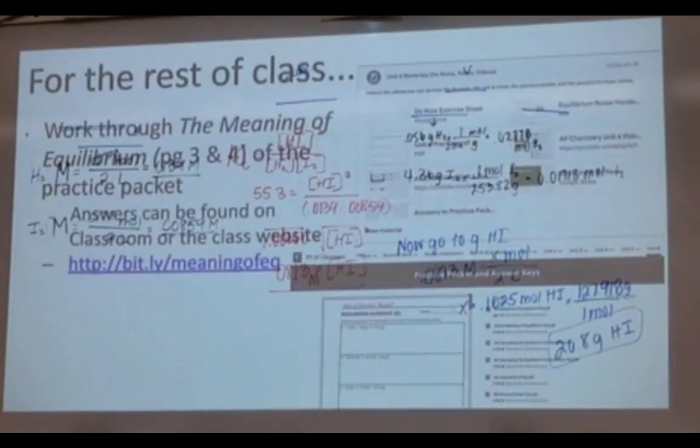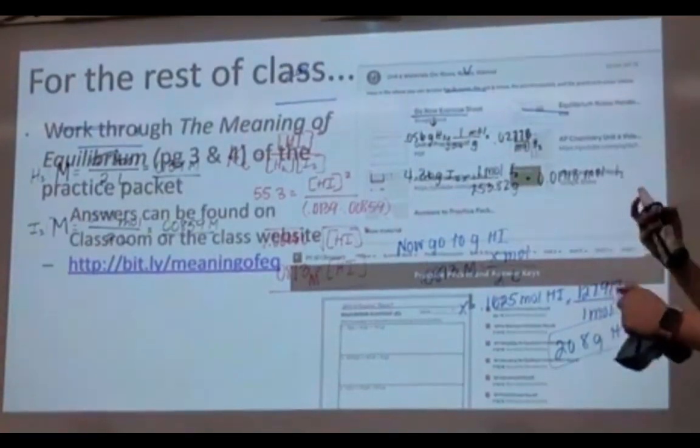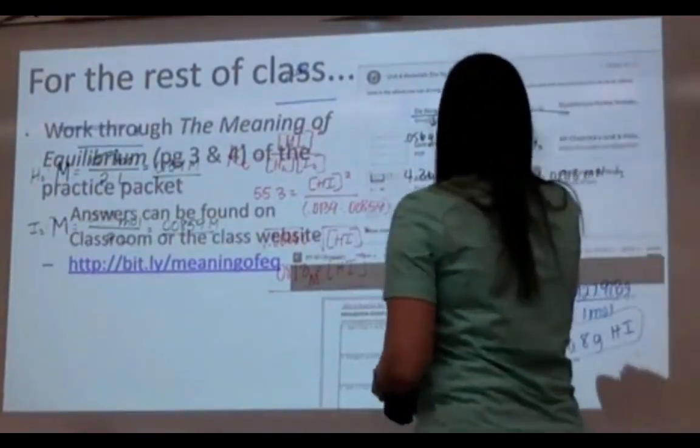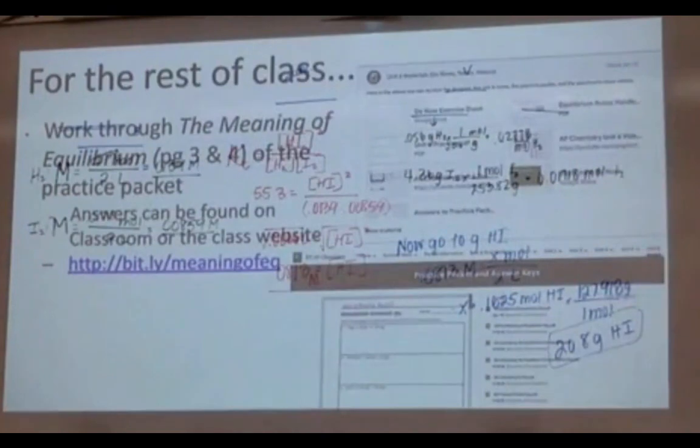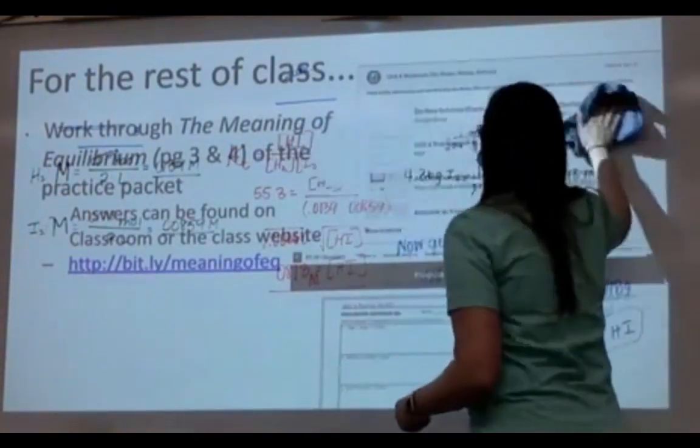So I know this says for the rest of class, but this might be one way to help you review for the quiz tomorrow. Now the quiz is during the second period of class. We're going to do at least one quick example after the do now with particle diagrams.